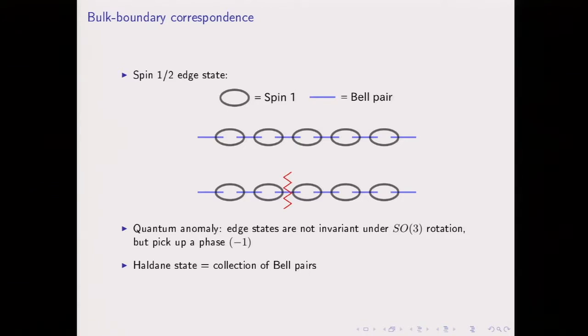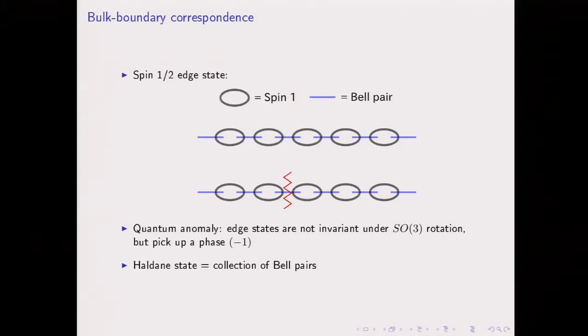But you can virtually break the spin 1 into two spin-1/2 degrees of freedom, and then in the ground state of the Haldane phase, the virtual spin-1/2s form pairs, not within the original site, but across sites. Okay, so this is, more or less, the ground state of the Haldane phase.